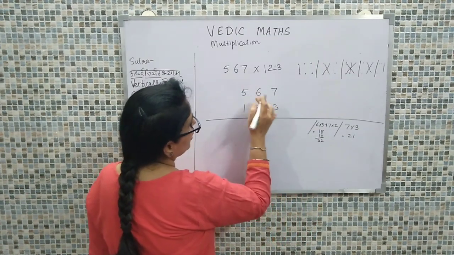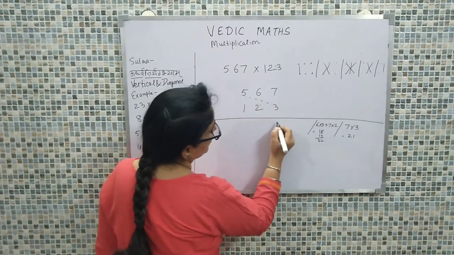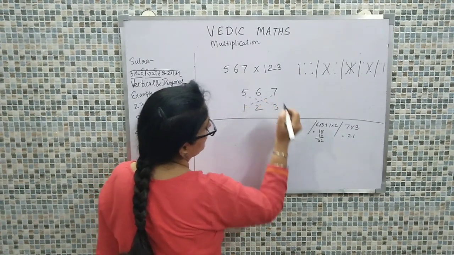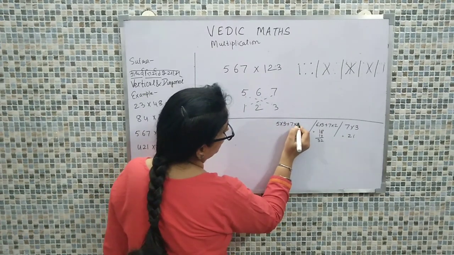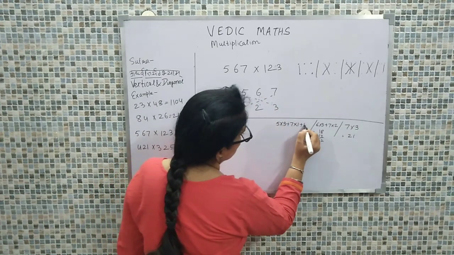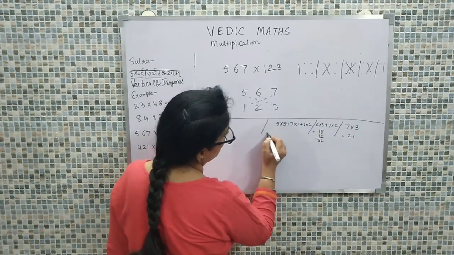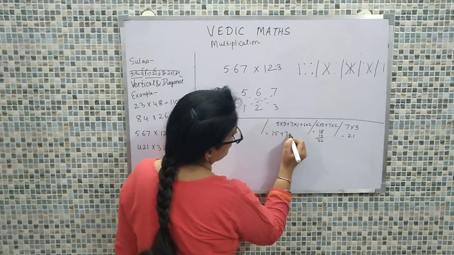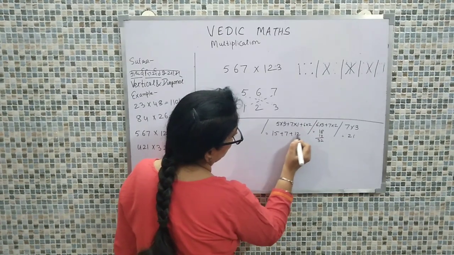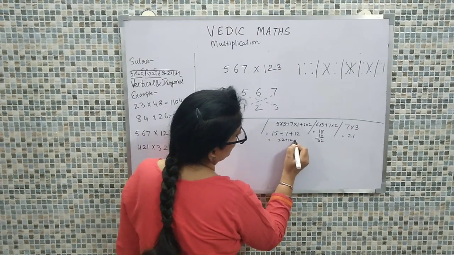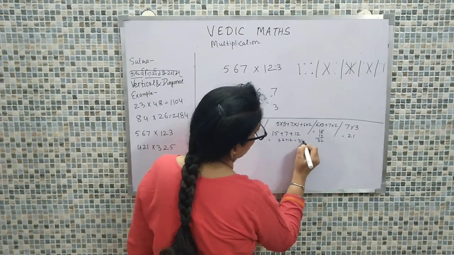Next will be 5 into 3 plus 7 into 1 plus 6 into 2. So 5 3s are 15, 7 1s are 7, 6 2s are 12. That will be 22 plus 12, that is 34.